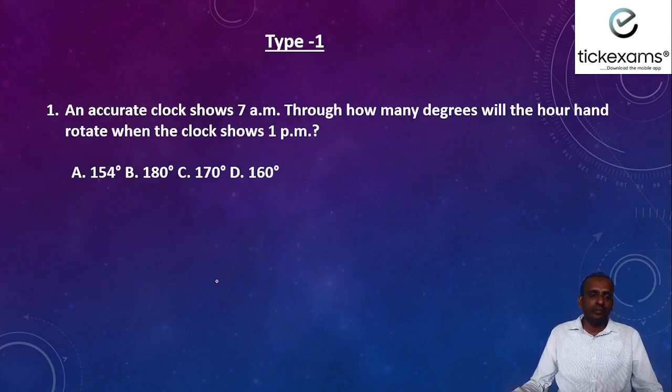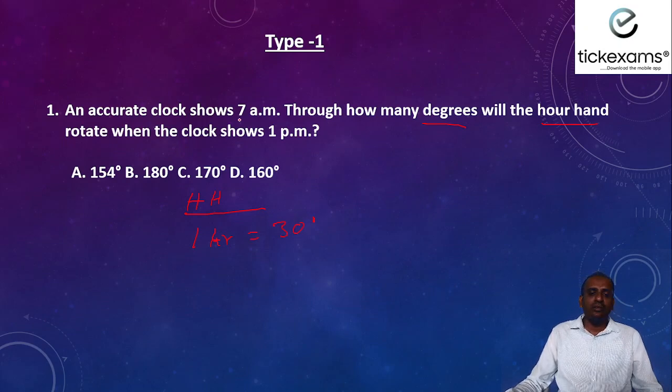Type 1. An accurate clock shows 7 a.m. Through how many degrees will the hour hand rotate when the clock shows 1 p.m.? This is a very simple and straightforward question. Now the question is on how many degrees the hour hand will rotate. We know very well that when the hour hand rotates by 1 hour, it makes an angle of 30 degrees.